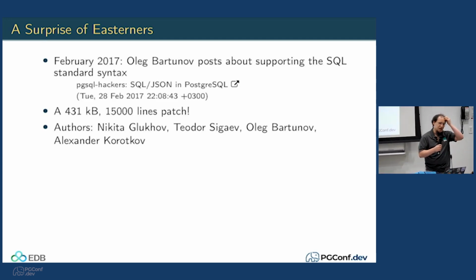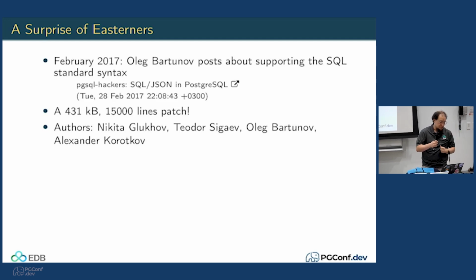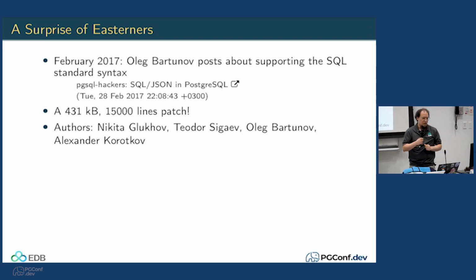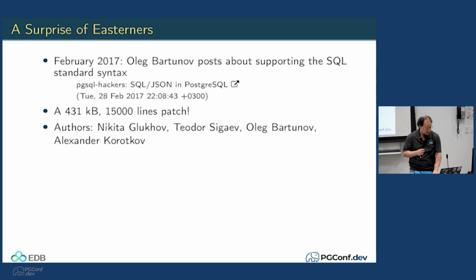And it was a gigantic patch, 400 kilobytes, about 1/3 of which were tests. And it was authored by Postgres Pro people Nikita Glukov, Theodor Sigaev, Oleg Bartunov, and Alexander Korotkov.